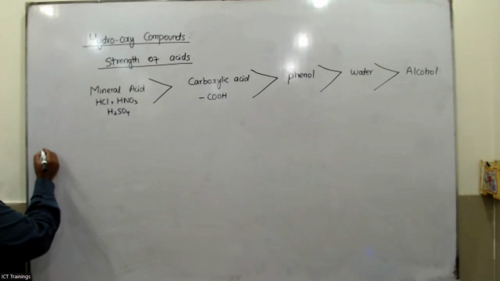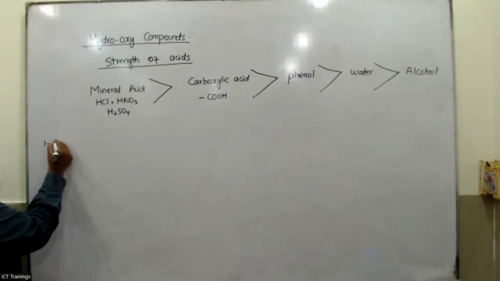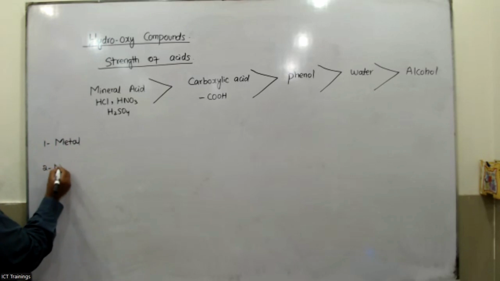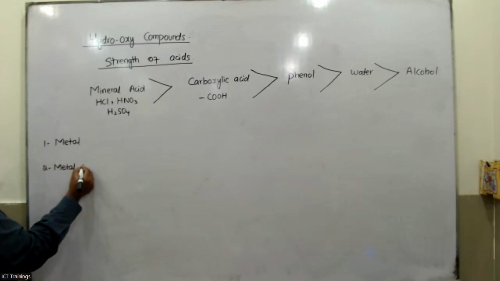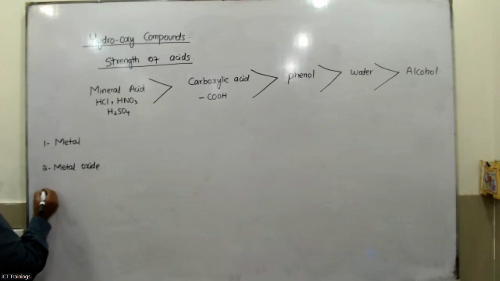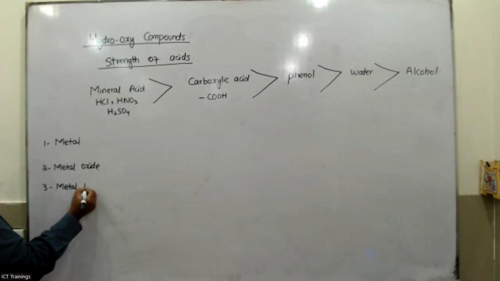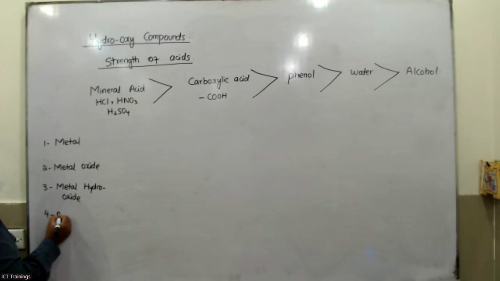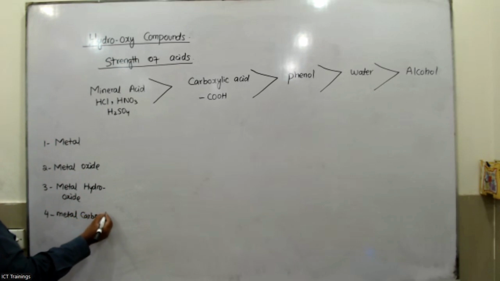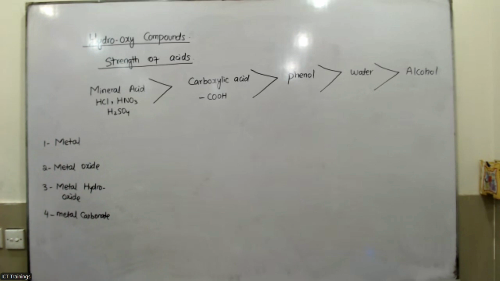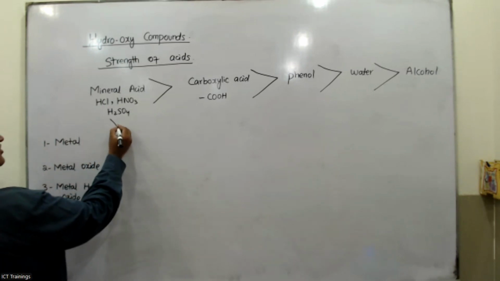Now one more thing. Remember, acids can react with 4 substances. The first substance is the metal. The second is the metal oxide. The third is the metal hydroxide. And the fourth is the metal carbonate. So these are the 4 substances which can react with an acid. Mineral acids are very strong.